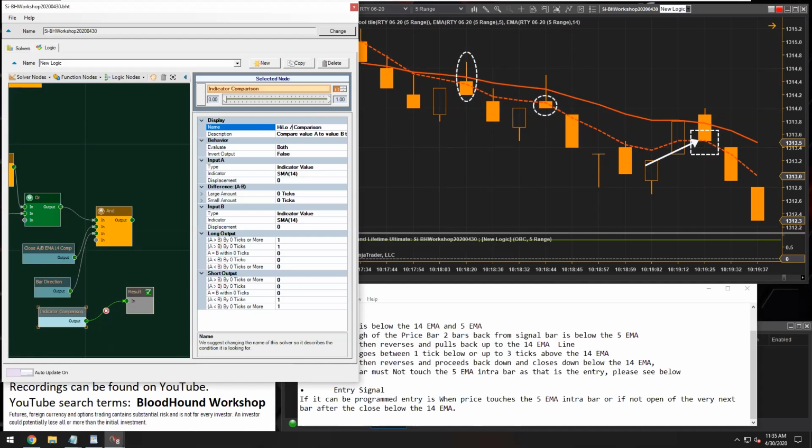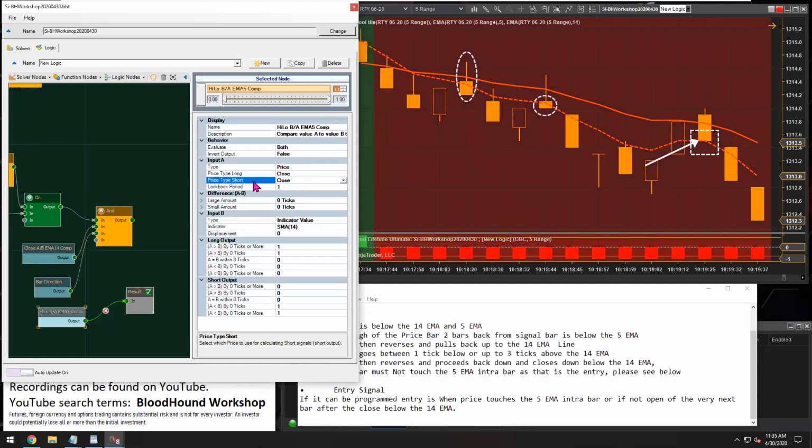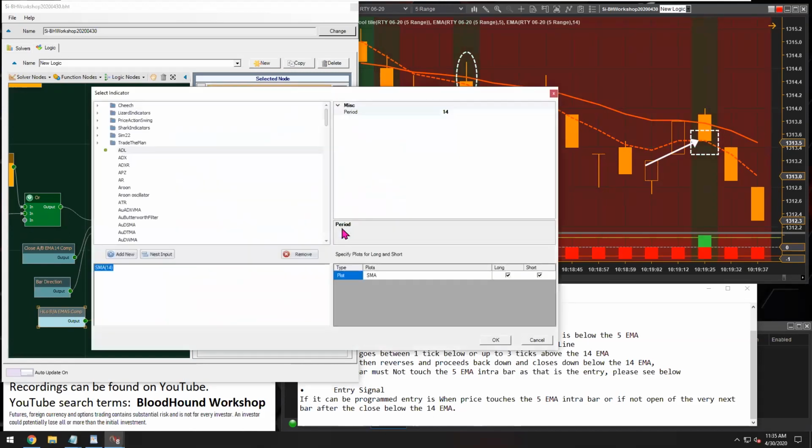And so the high needs to be below, and the low price needs to be above the EMA5. All right, I'm just going to go through and select these prices quickly. All right, we want an EMA5.